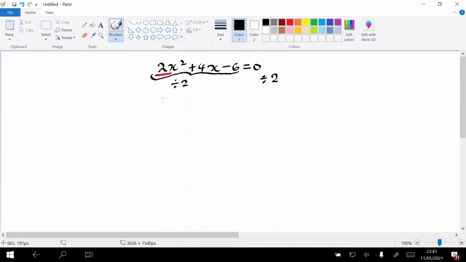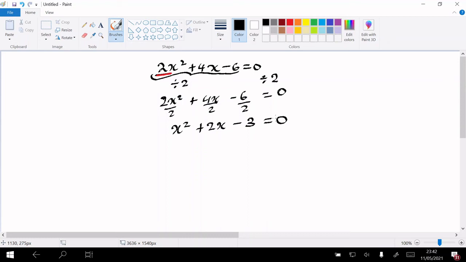It means you have to do 2x squared divided by 2, then 4x divided by 2, minus 6 divided by 2, and you have, of course, 0 divided by 2, which is just 0. So it's very important that you divide each and every term in that side and not just x squared. It is a simple mistake to make, but make sure you are careful of that. So that would simplify to give me x squared plus 2x minus 3 is equal to 0.